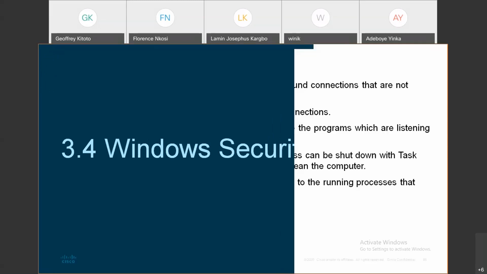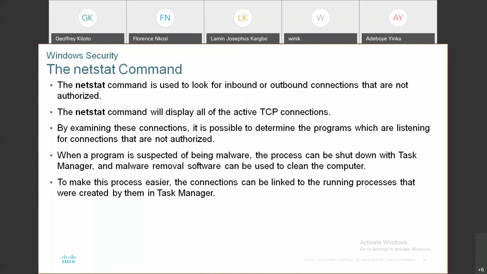Finally, Windows security is very important. You can issue the command netstat, or network statistics, to check the connections that we have, the inbound and outbound connections, including the protocols, the active protocols. Mostly you'll find that TCP is used on such connections. By examining these connections, it is possible to determine the programs which are listening for connections that are not authorized.